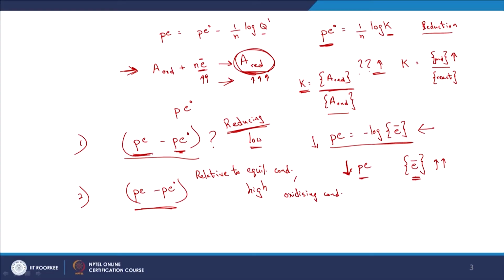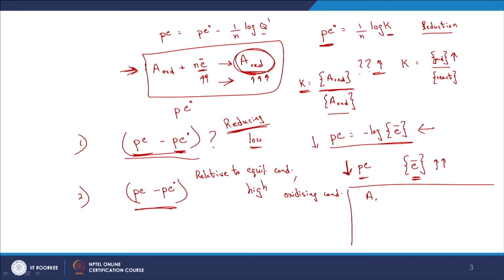So here we have a graph, but before we go further, we should be able to visualize what it is that we are trying to say. So let us plug this in terms of what we know. Let us look at the generic equation we have here: oxidized form plus electrons goes to the reduced form. What is this similar to?